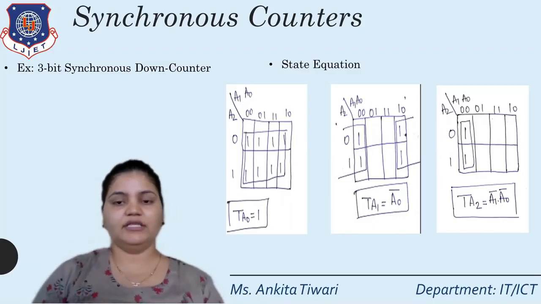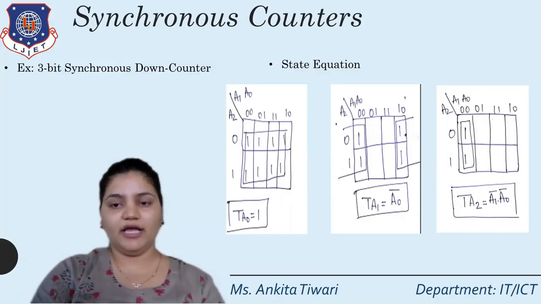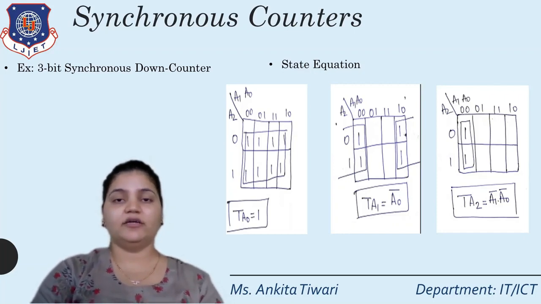In the same way for TA1, as you can see, we got A0 bar, because if we take a group of 4 and take the common value, then we get A0 bar. TA1 will be A0 bar, and for the last value TA2, the common terms are A0 bar and A1 bar. So the equation is A1 bar and A0 bar, a dot product, so we will get an AND gate to represent that circuit.